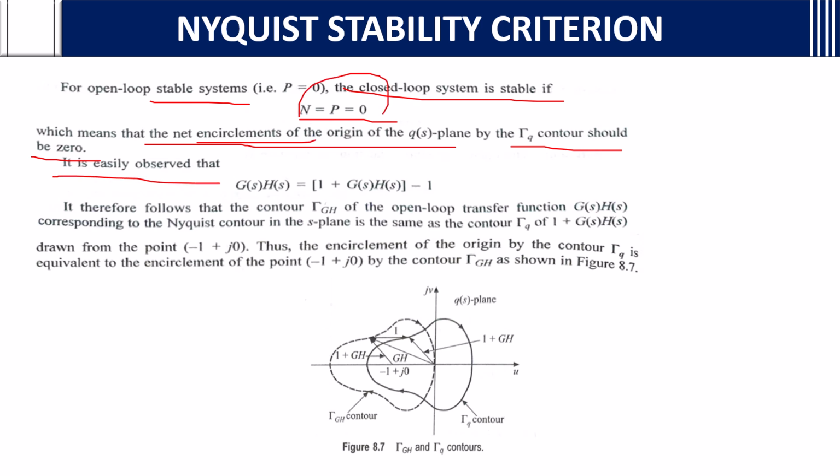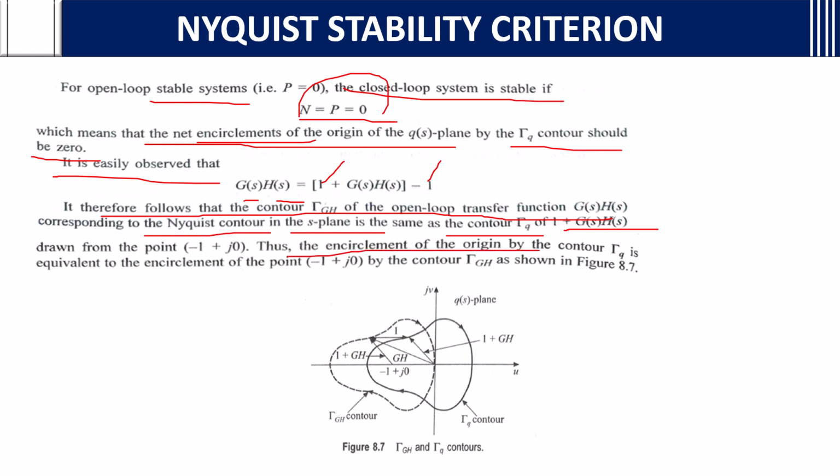It is easily observed that 1 + G(S)H(S) minus 1 gives G(S)H(S) only. You are adding and subtracting 1. It therefore follows that the contour of the open loop transfer function G(S)H(S) corresponding to the Nyquist contour in the S plane is the same as the contour of 1 + G(S)H(S) drawn from the point -1 + j0.